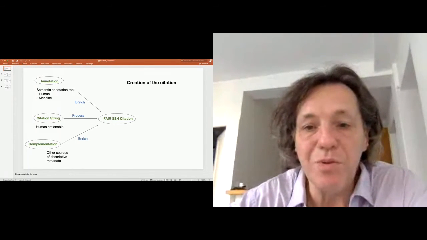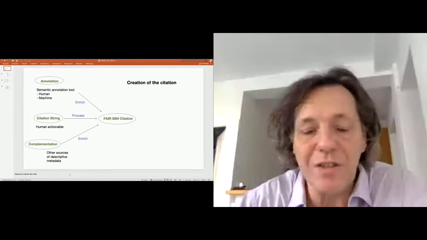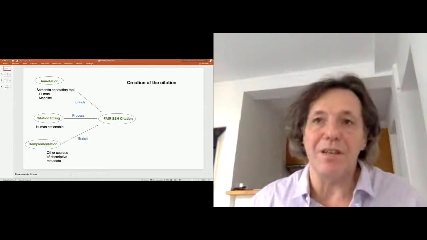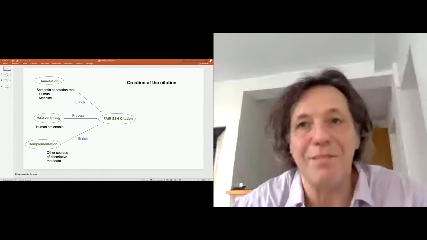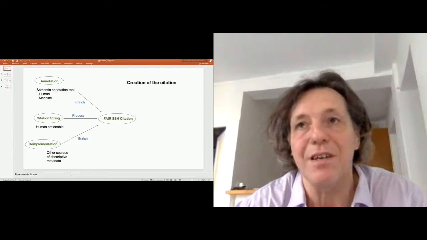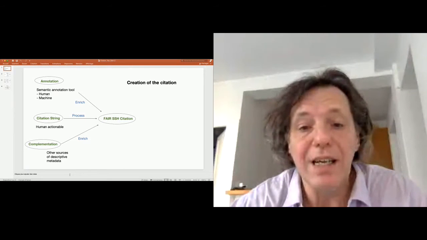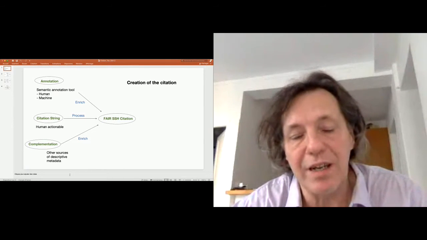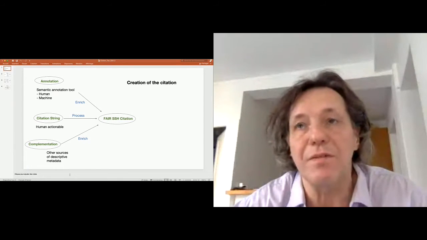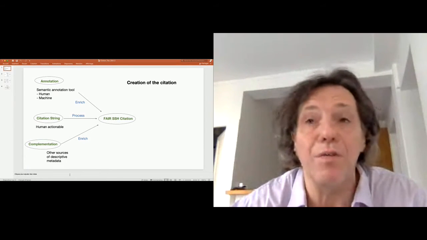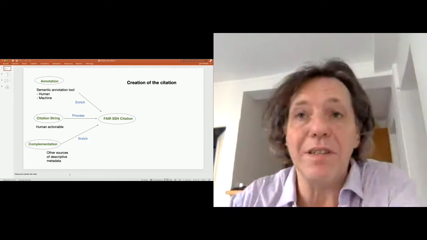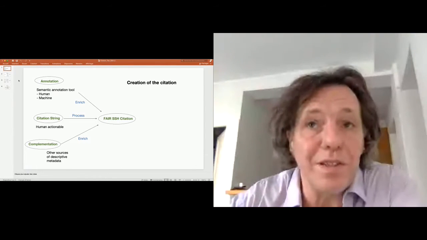So the idea is to take existing citations. For instance, you can see on my slide a citation string, which is normally human actionable. That means that you can read the string and you can find the citation back. And we want to enrich this citation in 2 ways. We want to use other sources of information like metadata associated to data in a repository, for instance, or associated to a DOI.